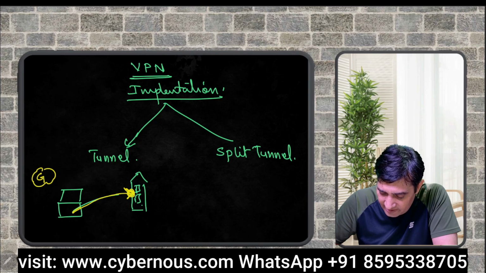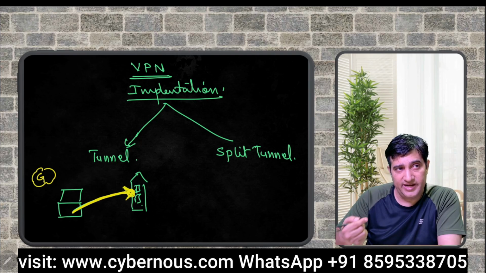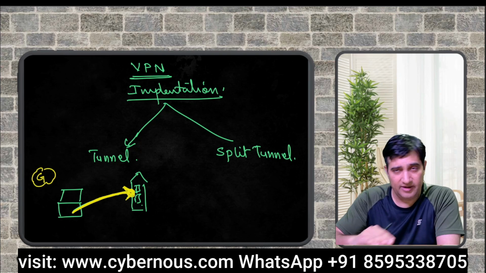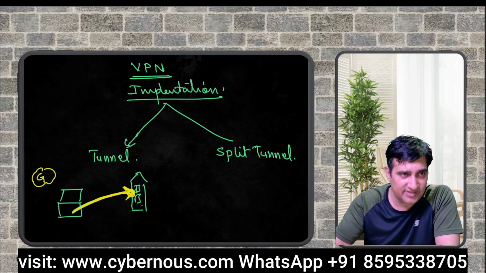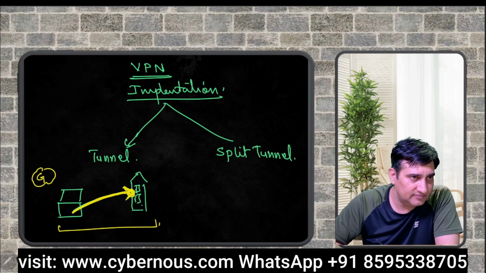All network connectivity first goes to your company, and then from your company, if there is traffic for outside, it will route it accordingly, and company traffic will go inside your company. So that is called a purely tunnel mode.